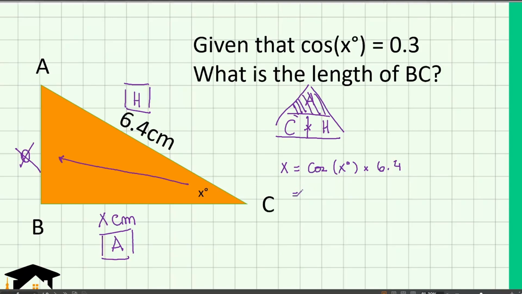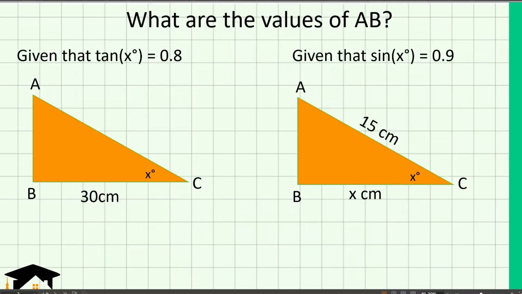The cosine of x is 0.3, and this gives us 1.92. So x is 1.92 centimeters. Now pause the video and try and solve these two exercises yourself.